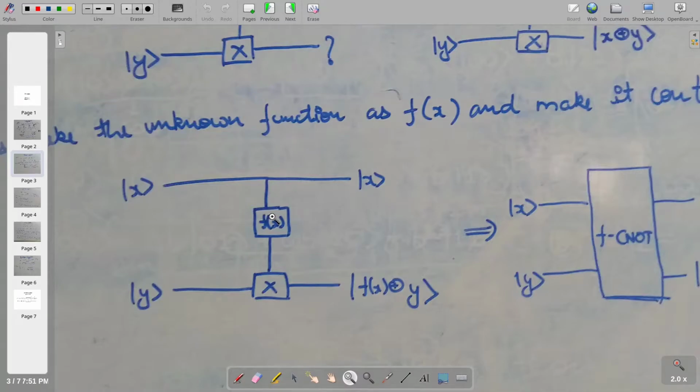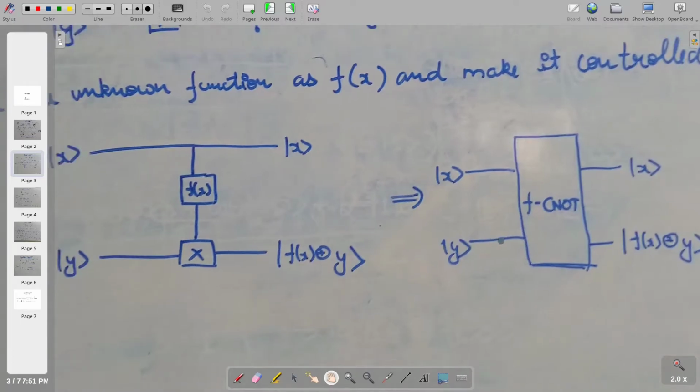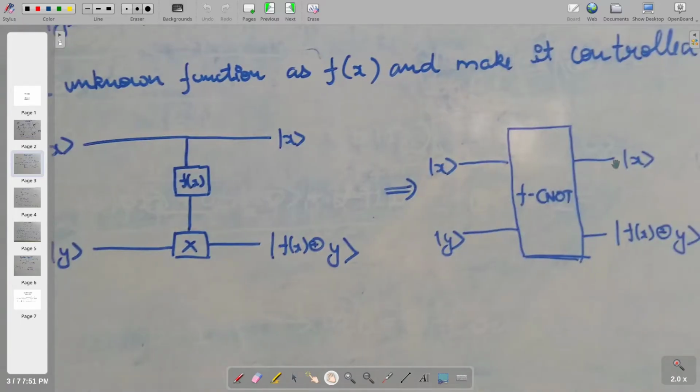We have attached a gate which functions in a way similar to f(x). That is, if there was a classical program f(x), the way it gives output, this gate also gives output in the same manner. Nothing too complicated. We just represented the whole circuit with a box, and we named it U_f.